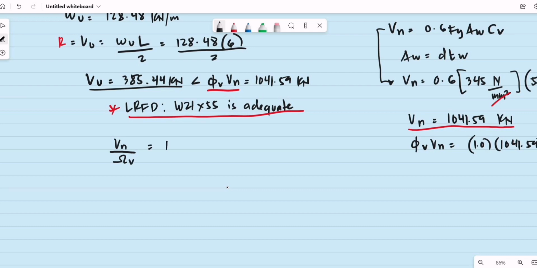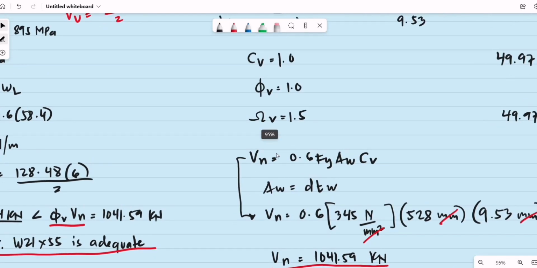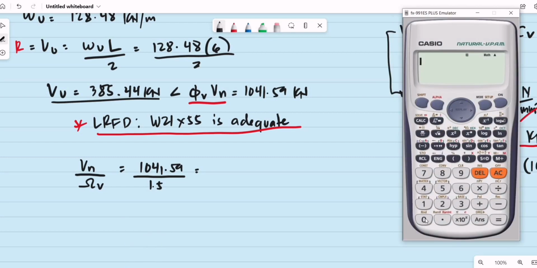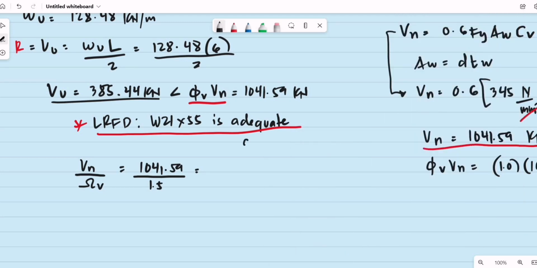So we have 1,041.59 kilonewtons divided by the factor of safety, omega sub v, equal to 1.5. This gives 694.39 kilonewtons.